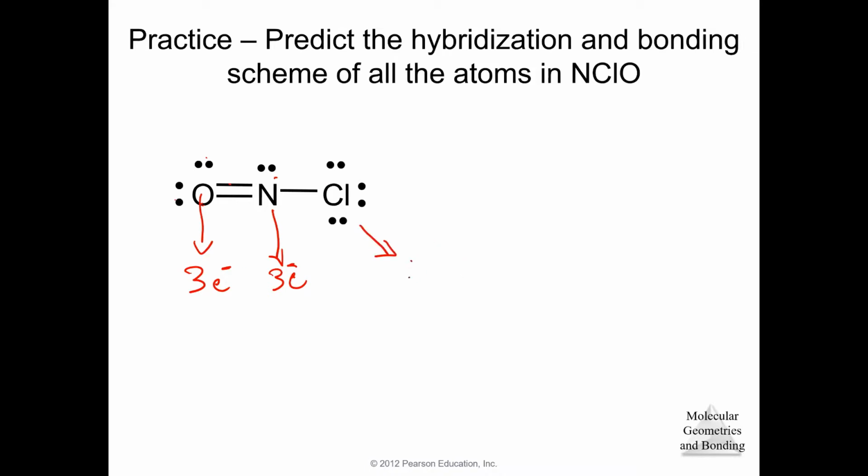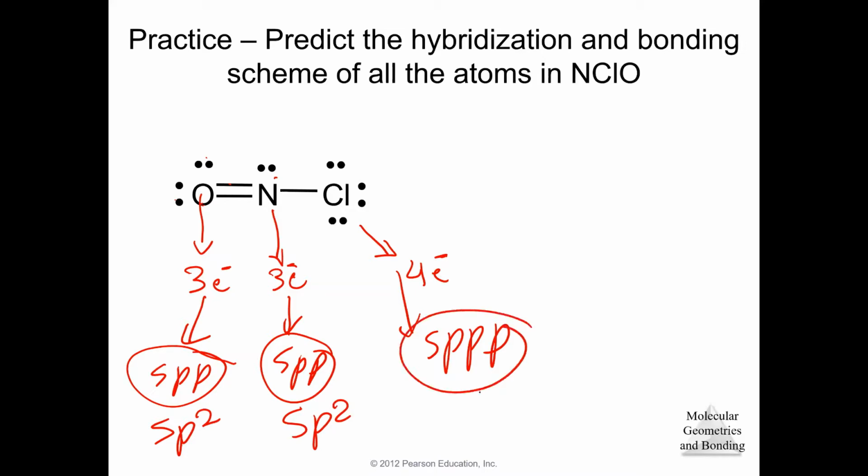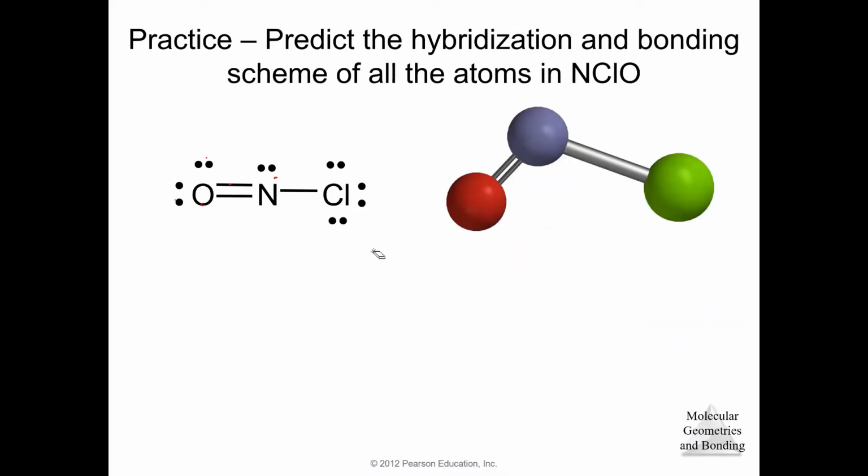Four. Three is sp2, four is sp3. So what's the hybridization for this? It's sp2. This one is sp2. This one is sp3. Do you see what I'm doing? To know the hybridization, you should know the electron groups.